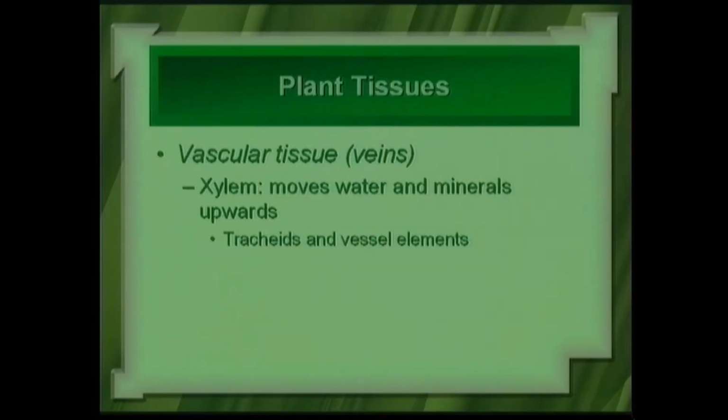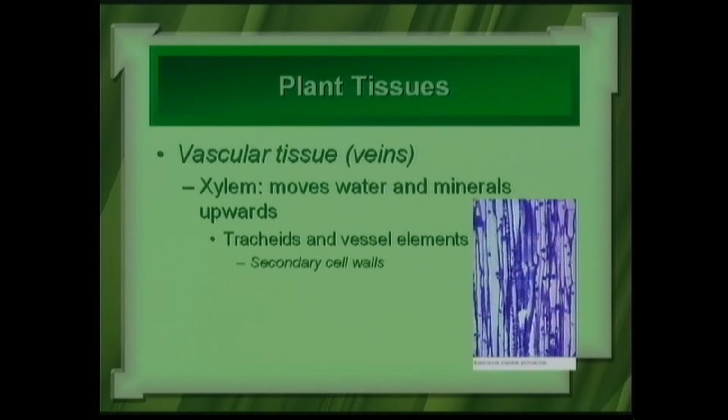Now, generally, the xylem is made up of several different kinds of cells, and the two cells that are specialized for xylem tissue are called tracheids and vessel elements. These kinds of cells, tracheids and vessel elements, have secondary growth because they have secondary cell walls.